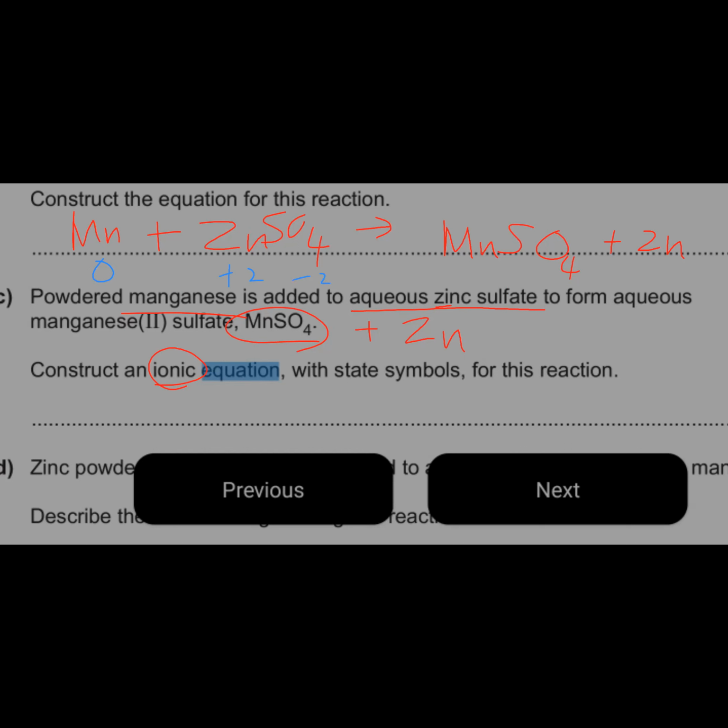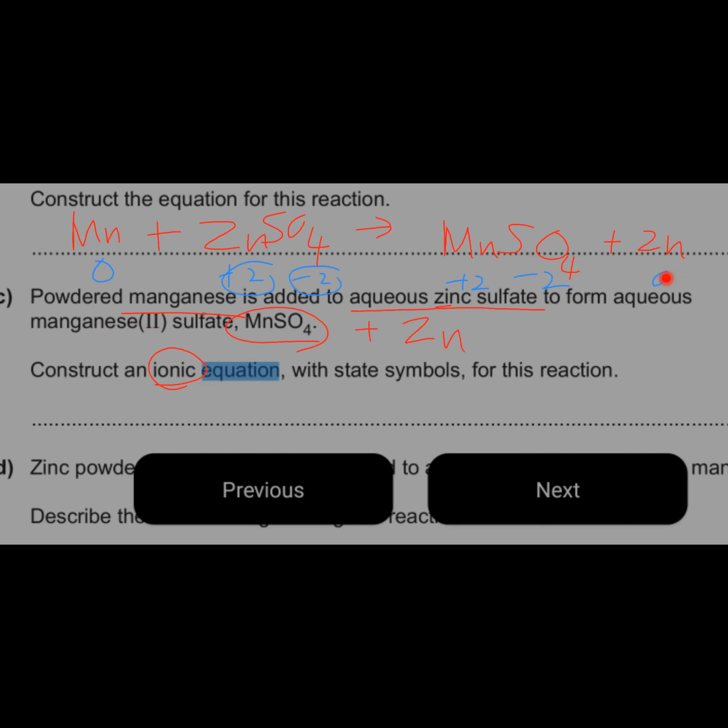I'm writing this within squares so you can understand the numbers separately. Manganese here is +2, because it's already said in the question, or else you can derive it from the sulfate 2- ion. And this zinc is 0. This is an element, and an element's oxidation number is 0.